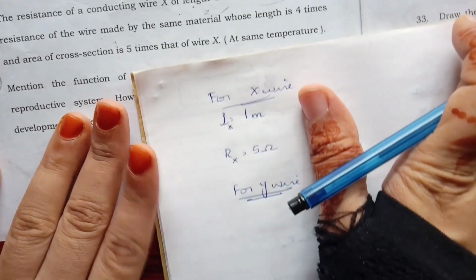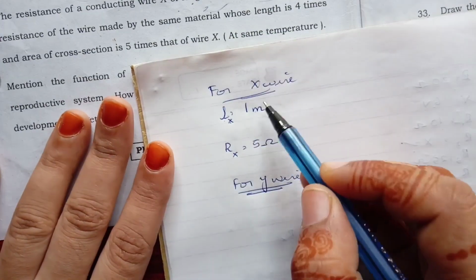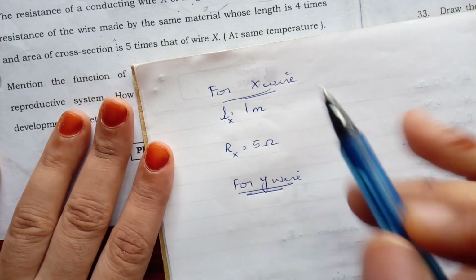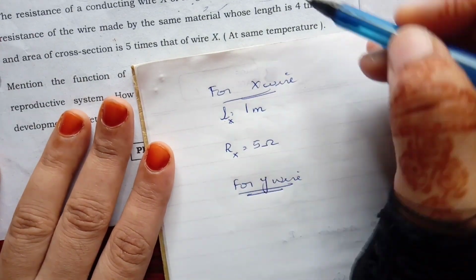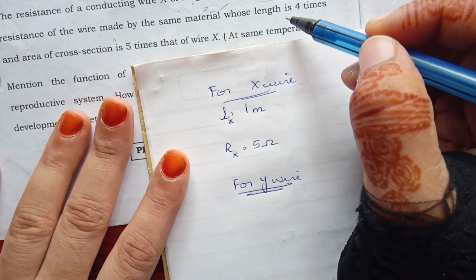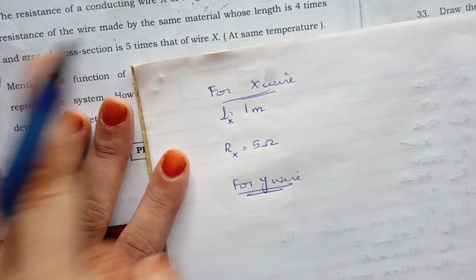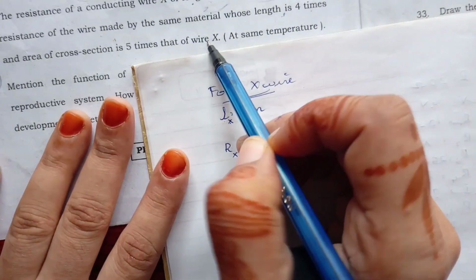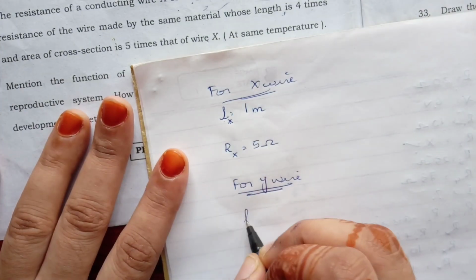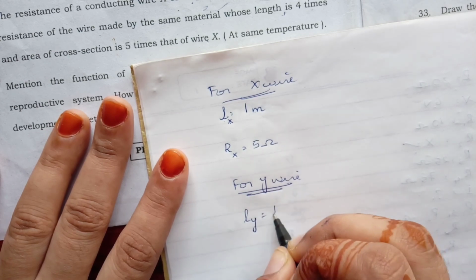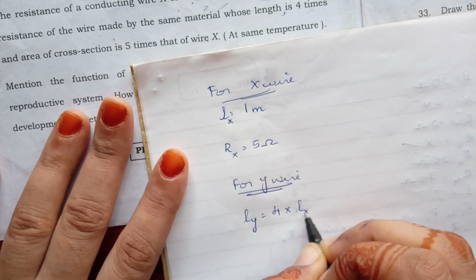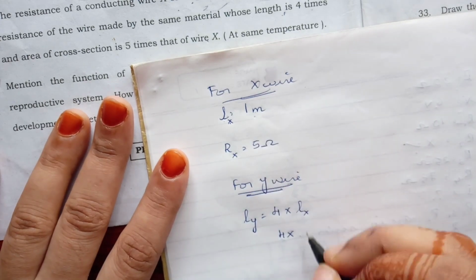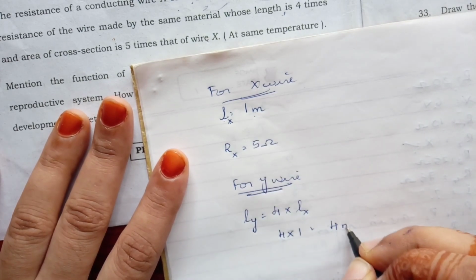Now what they have told me here is, this other wire is made up of the same material. That means whatever the rho value is, regarding the formula, will come later. Whose length is 4 times that of X wire. That means my Ly is 4 times that of Lx. So Lx is nothing but 1, so 4 into 1 is 4 meter.